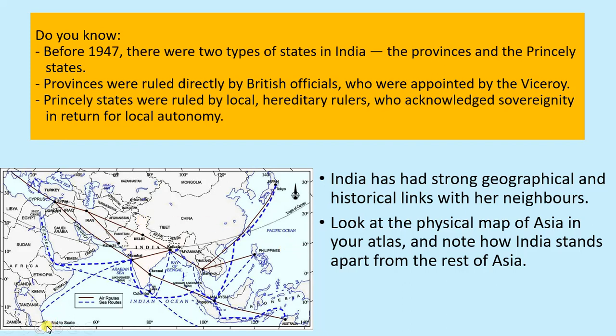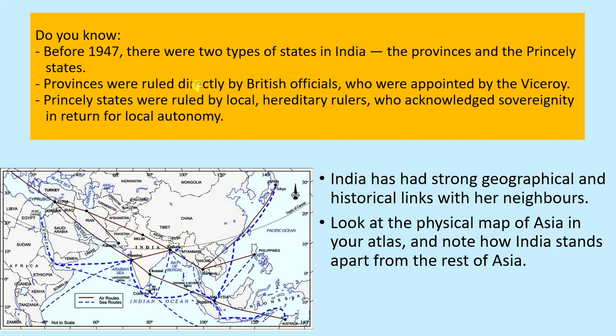So do you know, students? Before 1947 there were two types of states in India: the provinces and the princely states. The provinces were the states which were under the control of the British government, and the princely states were ruled by the kings of that time or the princes of that time.